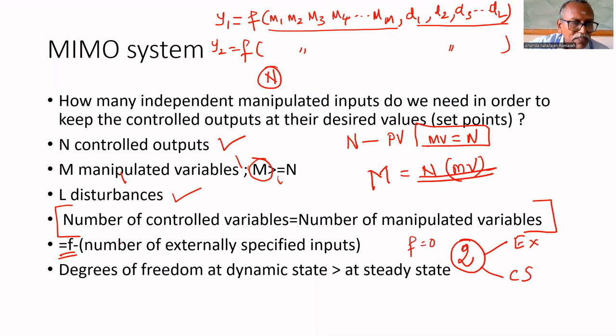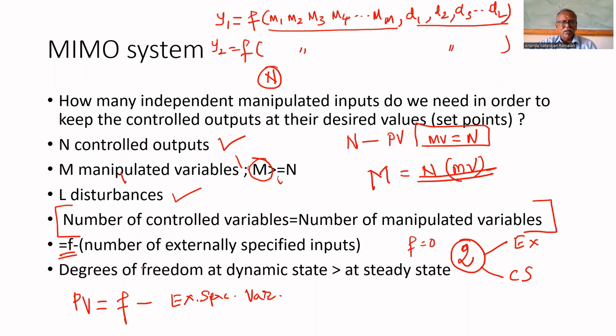Therefore, the number of controlled variables equals the number of manipulated variables equals F, degrees of freedom, minus the number of externally specified. We cannot specify some variables, that are specified externally, so we have to subtract them. So the number of process variables, that is controlled variables, equals degrees of freedom minus externally specified variables.